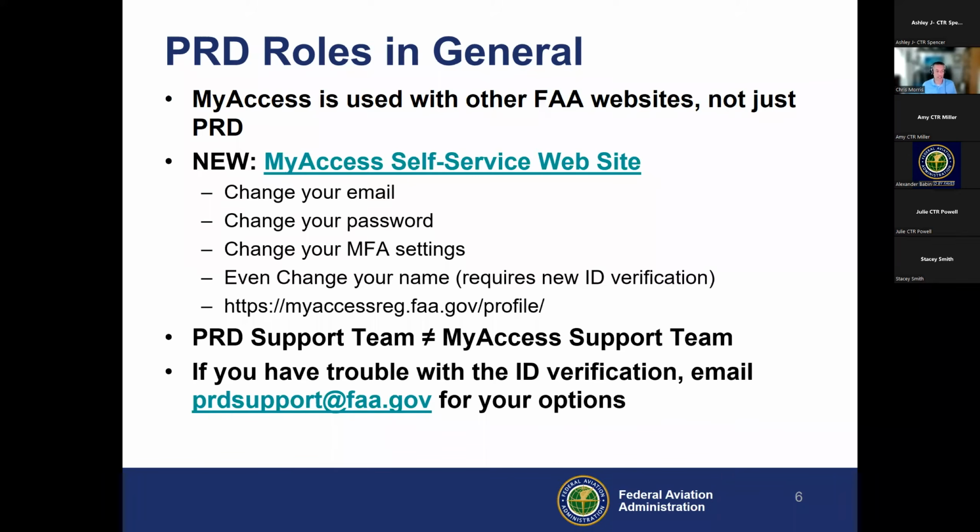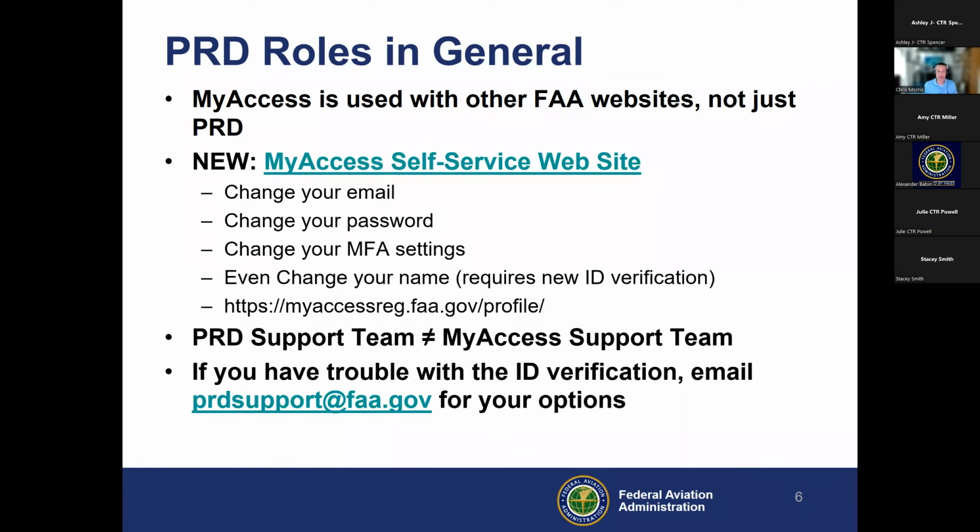The last thing I want to say about these accounts in general is that if you have trouble with the ID verification process, which is required when you create a new My Access account, if you get stuck, go ahead and email prd.faa.gov, and we might not be able to fix the reason that you're stuck, but we can at least explain to you your options, because there are alternate processes available, different paths that can be used.